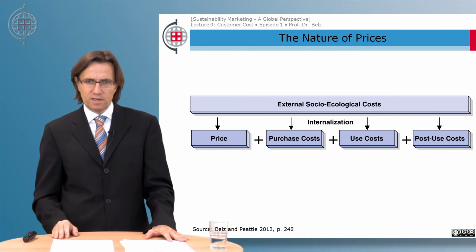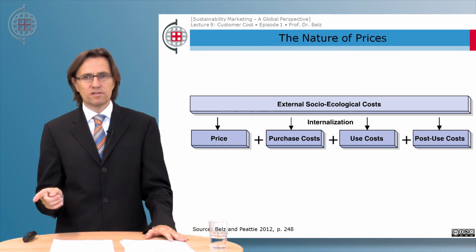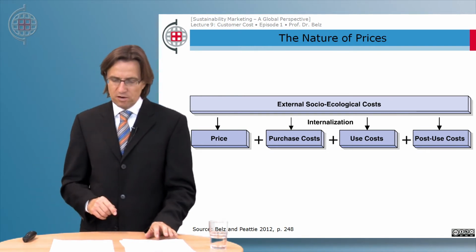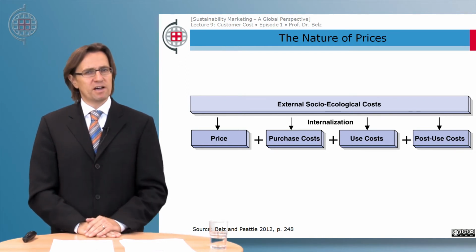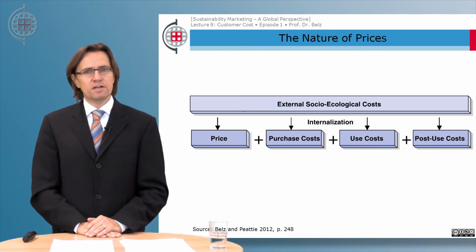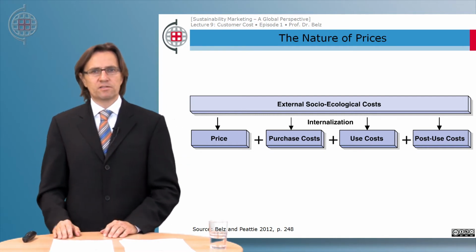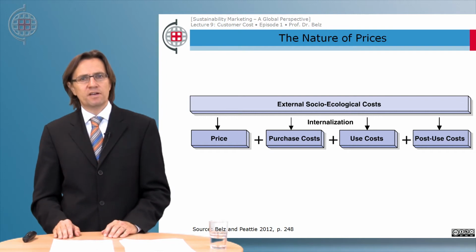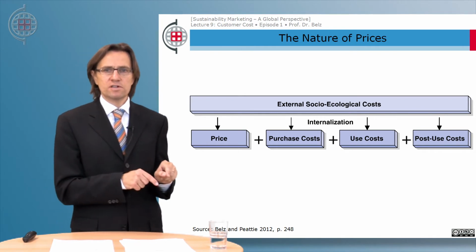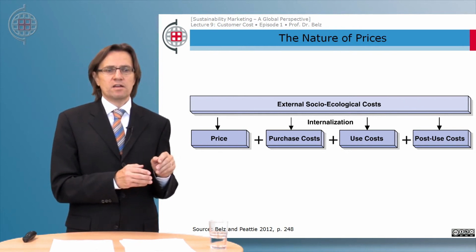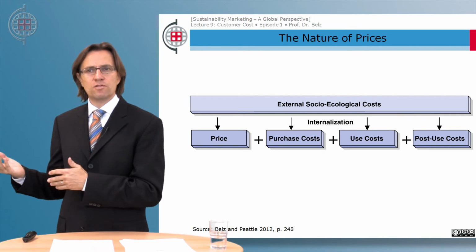I would state that sustainable products are not too expensive, but conventional foods are too cheap. What do I mean by that? It basically means that conventional products often have external costs in terms of social and ecological problems which are not included in the product and which somebody else has to bear.